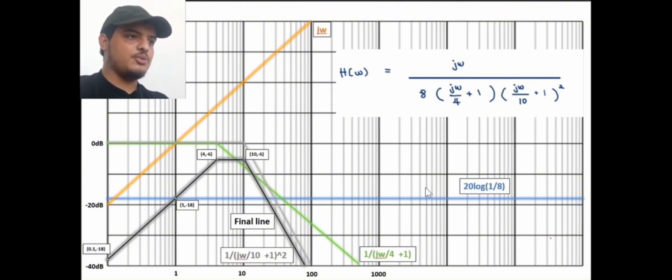For the second line, I choose jω, which will be the easiest because it is at the top, and it is also easy to draw. So how can we draw jω?